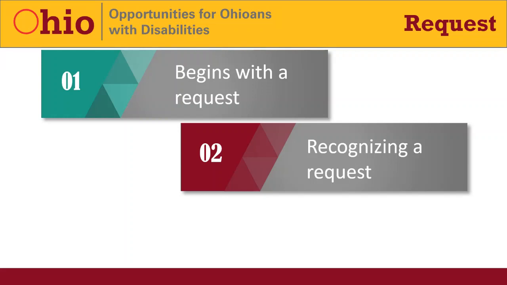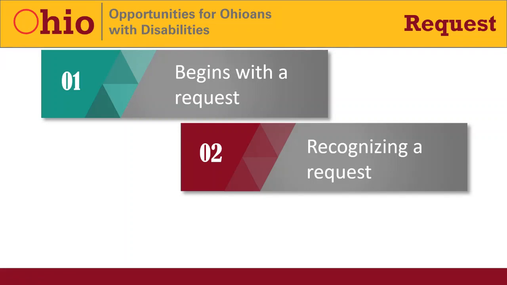In the third example, a new employee who uses a wheelchair informs the employer that her wheelchair cannot fit under the desk in her office. This is a request for a reasonable accommodation. In the final example, an employee tells his supervisor that he would like a new chair because his present chair is uncomfortable.